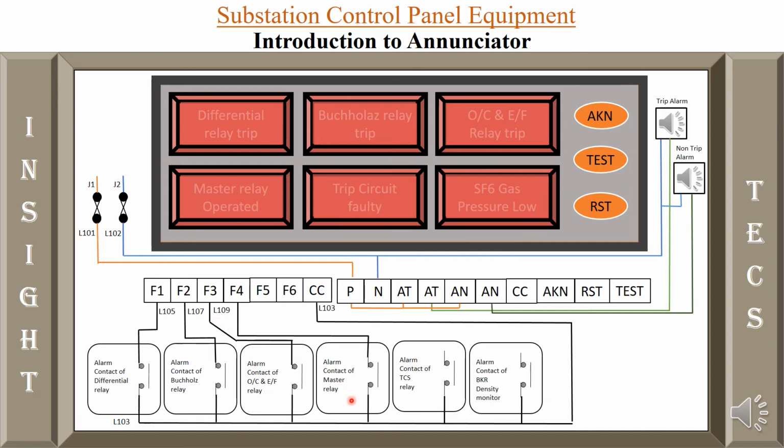For the contact of the master relay, the fourth window is used, so for F4 the number will be L111. F5 is the trip circuit faulty relay indication, so the number is L113. For F6, the connection is provided to a gas density monitor on the breaker. One contact is used and the number given is L115. So that is how the basic wiring is done for the annunciation circuit.